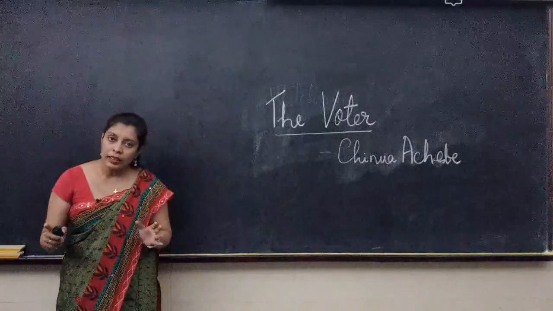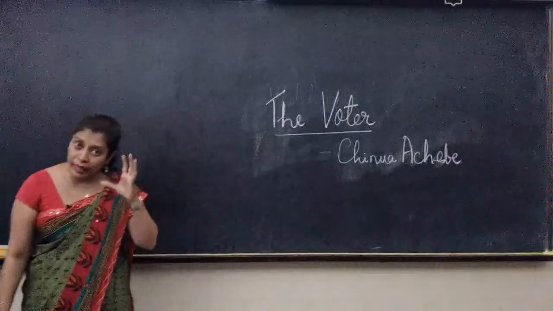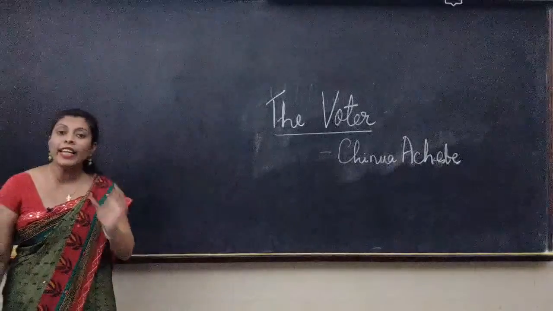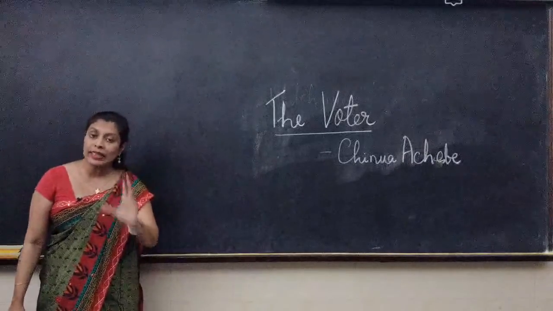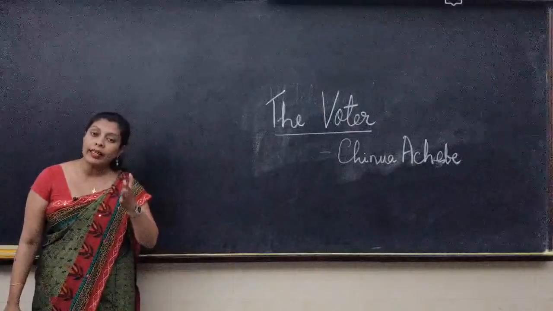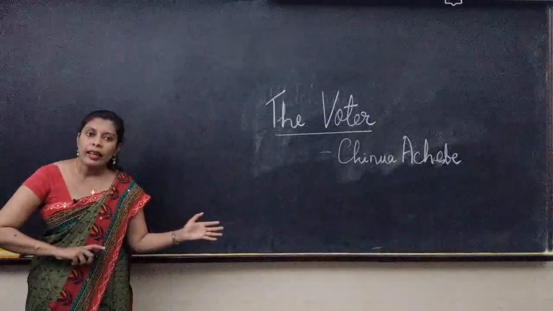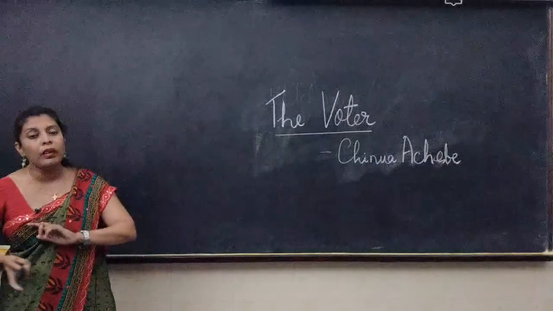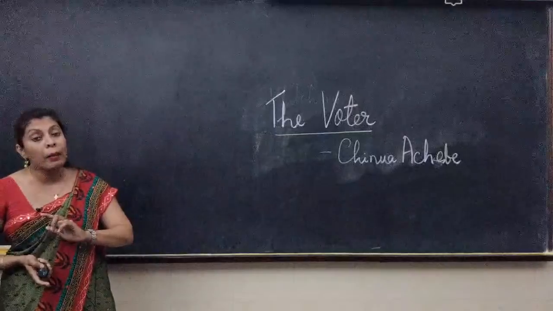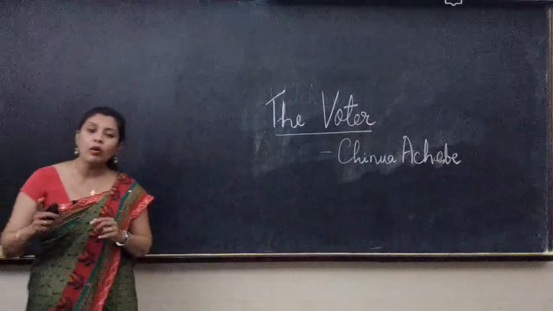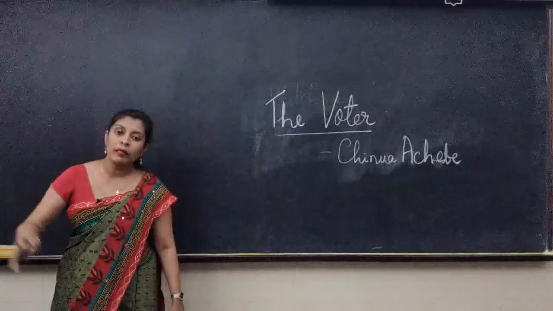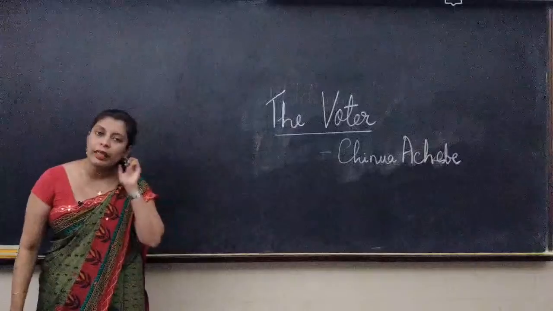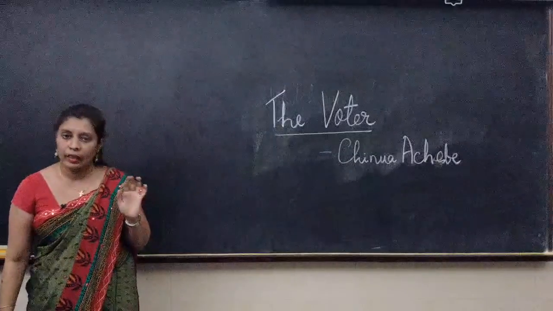The tenure of the present government was going to get over, but it was also expected that the same government will come back into power. Though it is the outgoing government, it is expected that after the elections, it will be the incoming government. Did you get it, students?